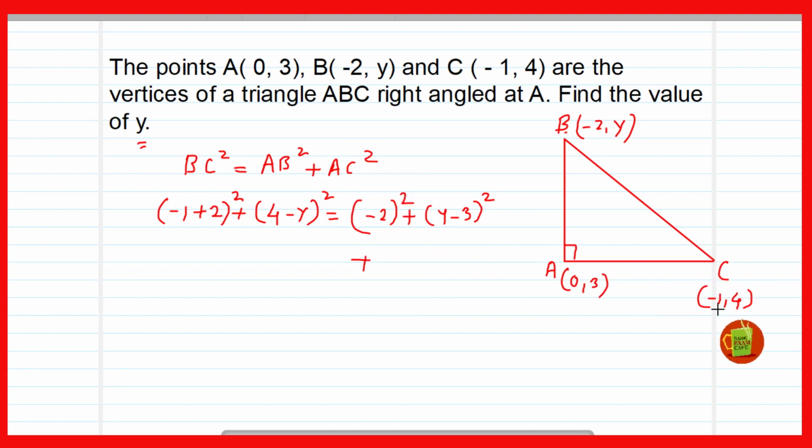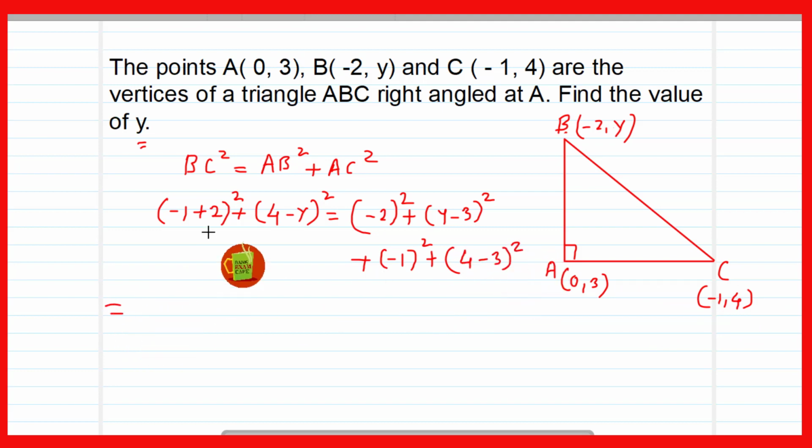AC square will be (-1 minus 0) square, that is (-1) square, plus (y2 minus y1) square, that is (4 minus 3) square.